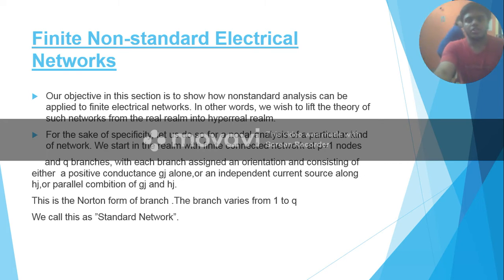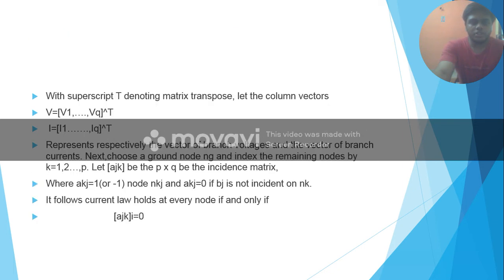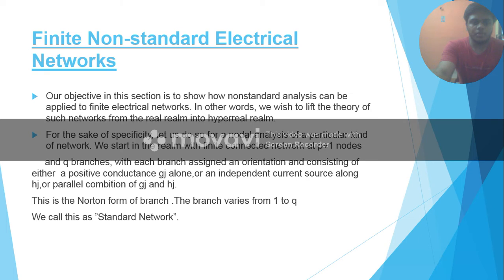With each branch, let us consider an independent current source along with a parallel combination of GJ and HJ. It is a Norton's form of branch, and J varies from 1 to Q, which is known as the standard network.